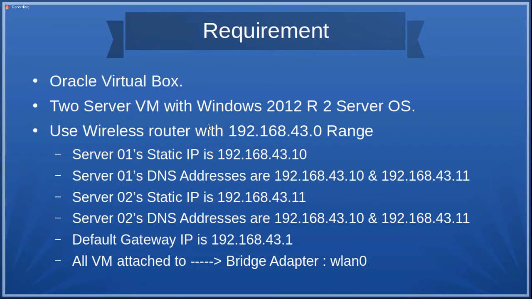On my first server, I use static IP 10, and the DNS address is 10, and I also use the second server address for my alternative DNS address. Server 2 static IP is 11, and I use DNS addresses 10 and 11, and the default gateway is 1. I also use the VM NIC attached as a bridged adapter, and VLAN.